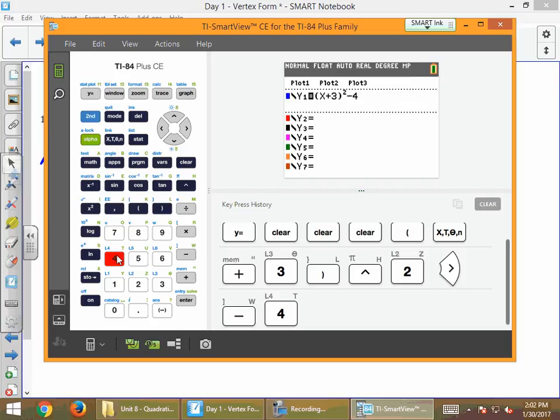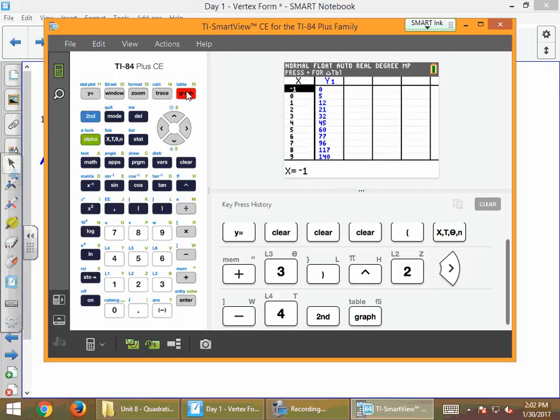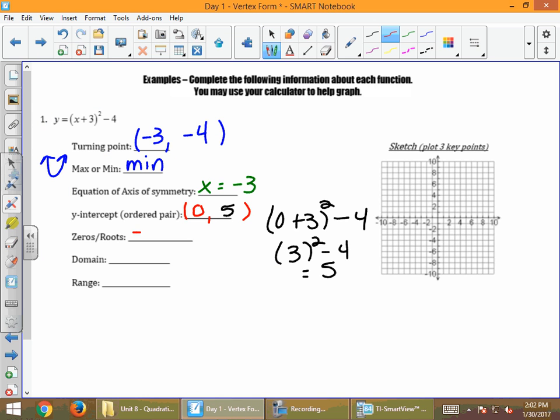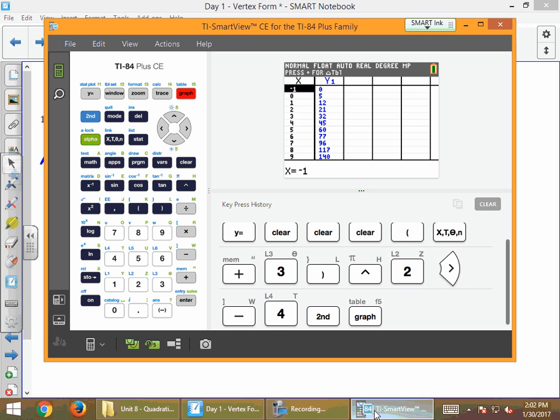We're going to look at the table first, because we can get our roots by just looking at the table. Okay, it's any x value that is paired with 0. So what are our x values that are paired with 0? It's one of them. -1. Okay. Do we see another x value paired with 0?